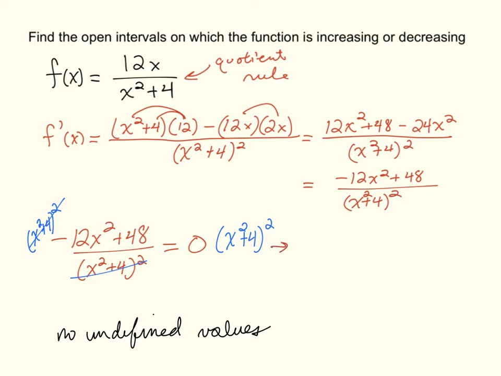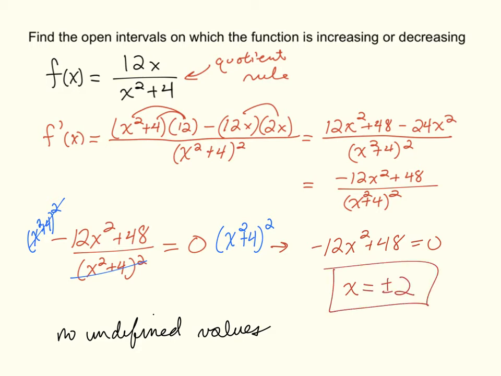So this equation turns into negative 12x squared plus 48 equals 0. When you solve this for x, you will see that x equals plus or minus 2. So these are the only critical values that we have for our derivative.